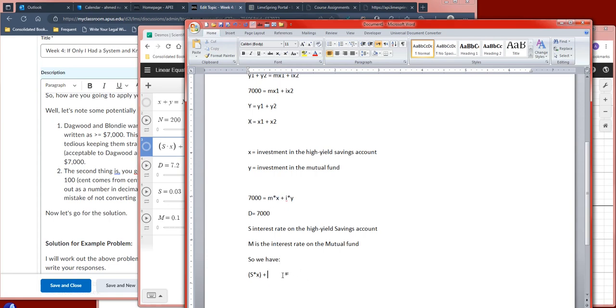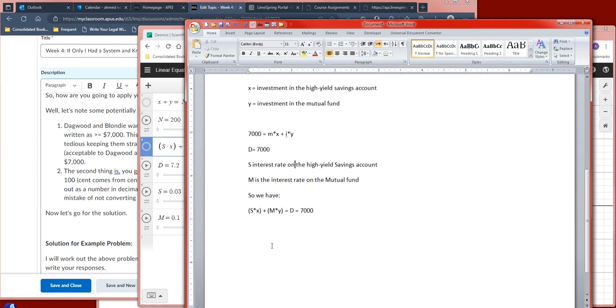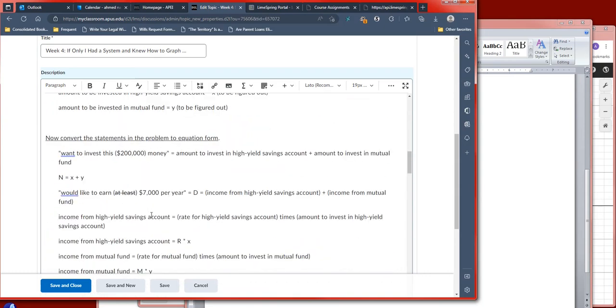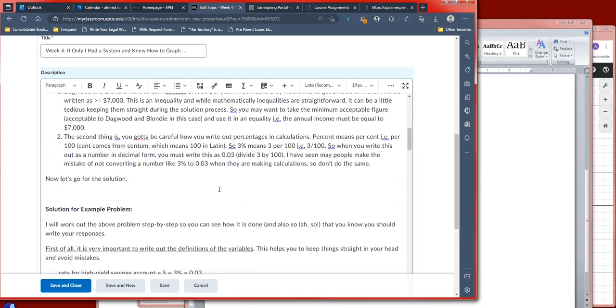And M * Y equals D, right? Equals $7,000, right? Okay. So this is the equation that we represent here in the discussion board.